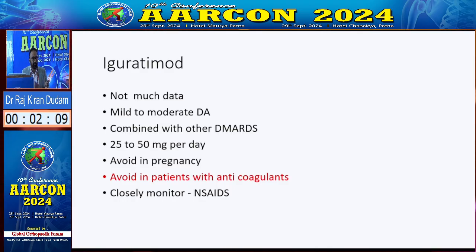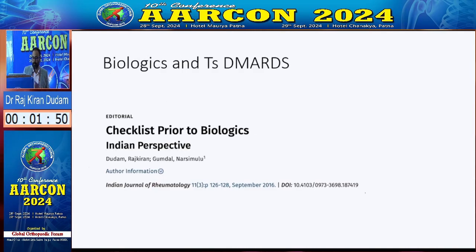The data in pregnancy and pre-pregnancy is not very clear, so it's better to avoid this drug if someone is planning for pregnancy. And one thing mentioned in most of the papers is to avoid this drug if the patient is on concomitant anticoagulants like warfarin, and to monitor closely if you are combining it with NSAIDs.